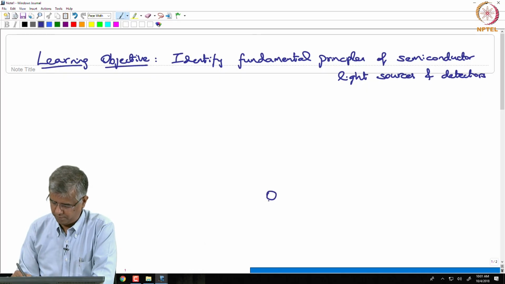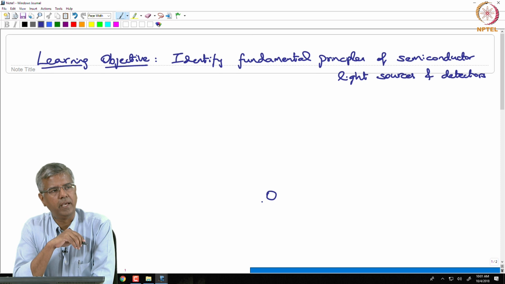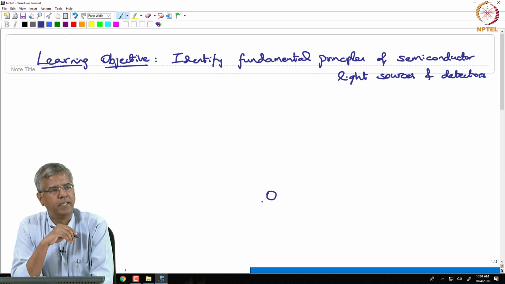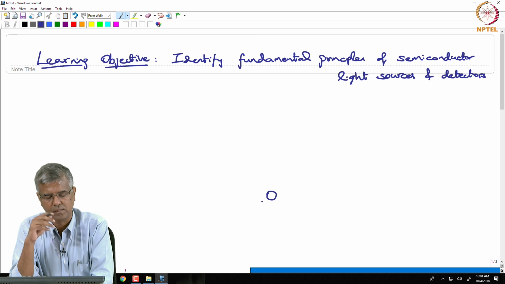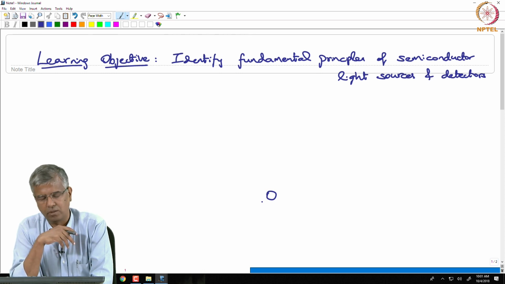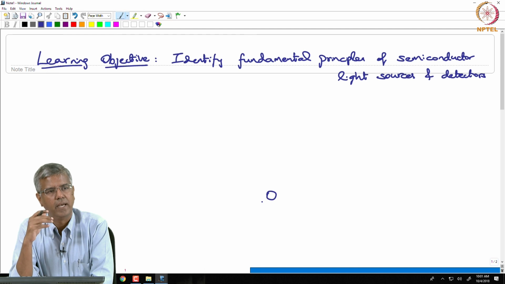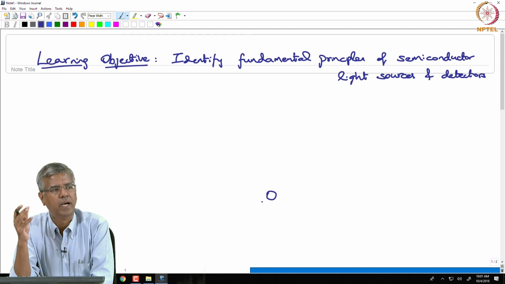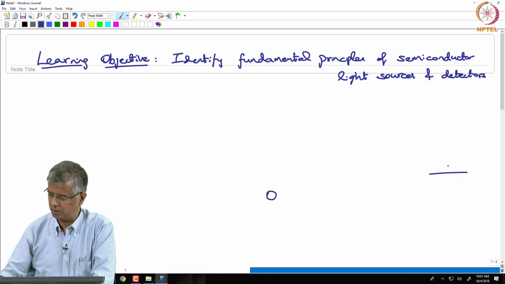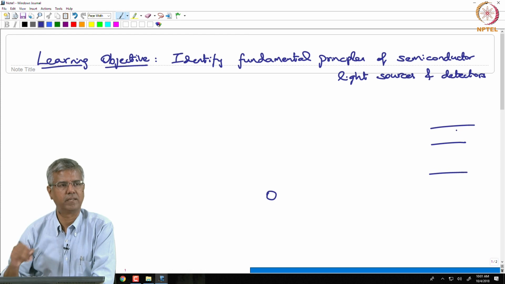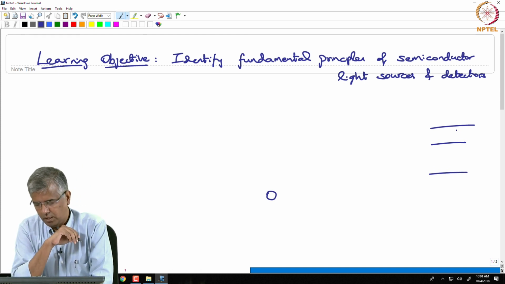So typically you talk about an isolated atom which may have different orbitals, and you have a valence electron in one of the outermost orbitals, and from there it can get excited to higher energy levels, a transition between energy levels.